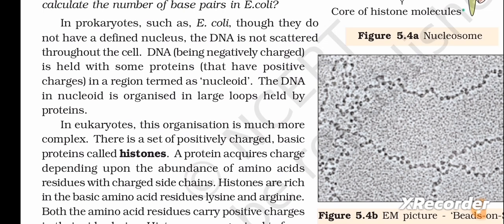In eukaryotes, this organization is much more complex. There is a set of positively charged basic proteins called histones. A protein acquires charge depending upon the abundance of amino acid residues with charged side chains.